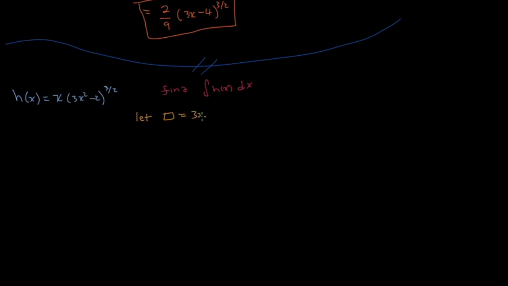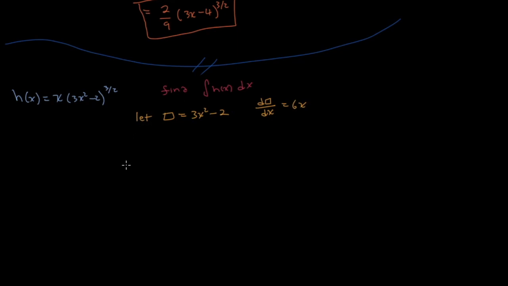So 3x squared minus 2, which means that the derivative of that placeholder with respect to x is equal to, using our power rule, 6x, and then the 2 just reduces to 0. So that's the first step. We got our placeholder, and we have our derivative with respect to x.